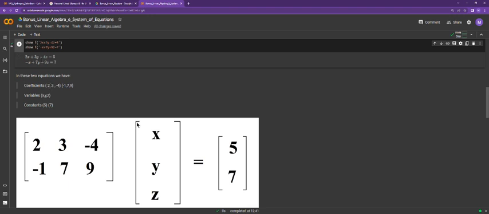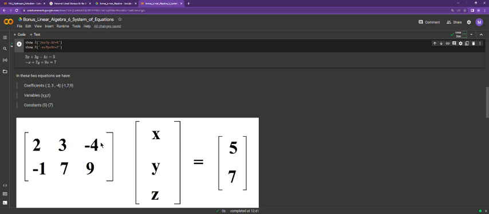And then we have a vertical vector represented by x, y, and z. Just think what the dot product of these two matrices is going to be. If we were to do a dot product, it will be 2x plus 3y plus minus 4 times z, and that would equal 5.